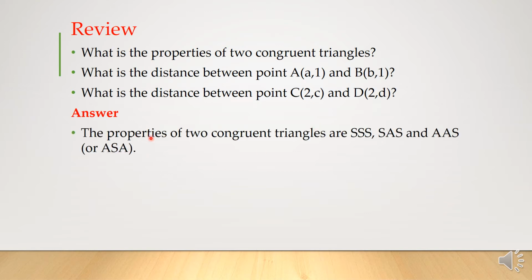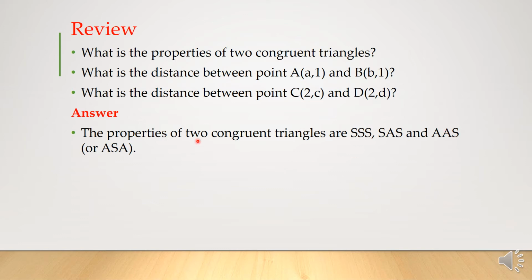Here the properties of two congruent triangles are SSS, it means side equals side, side equals side, side equals side, okay? The three sides are equal. And then this SAS, it means two sides are equal, with the angle between those two sides also equal. And these are AAS, so this means two pairs of angles equal and one pair of sides equal.